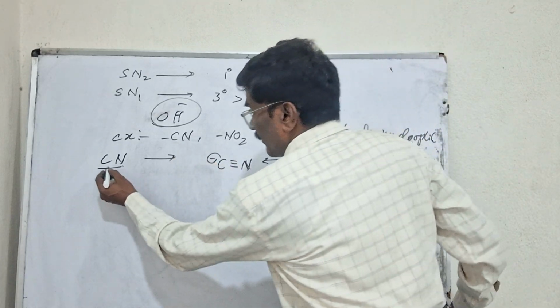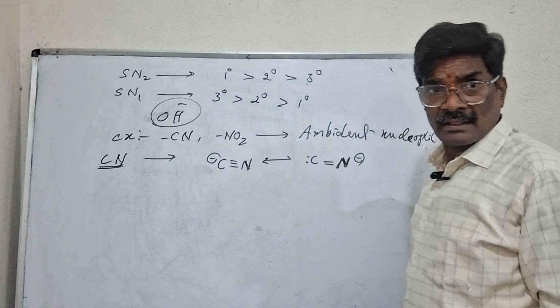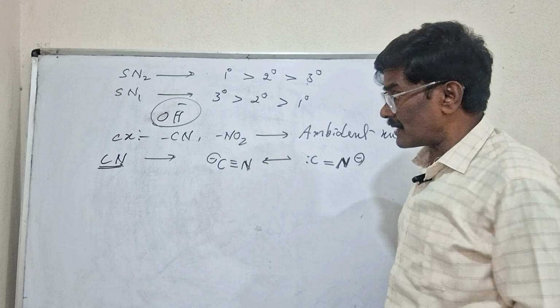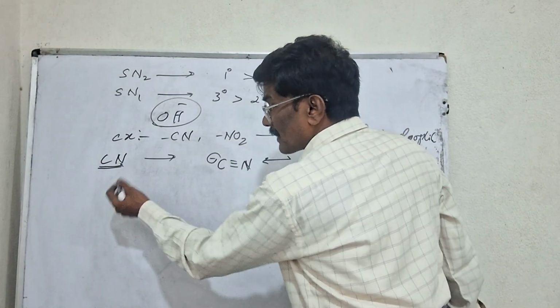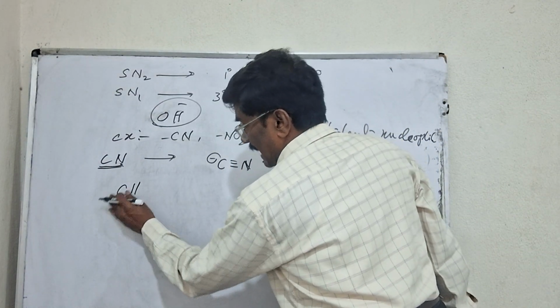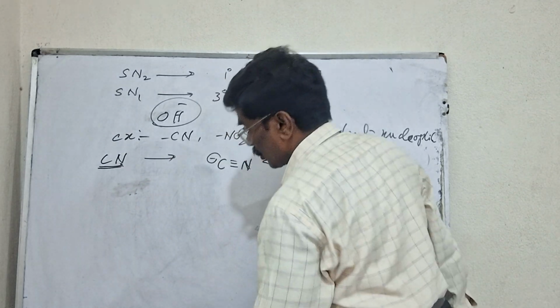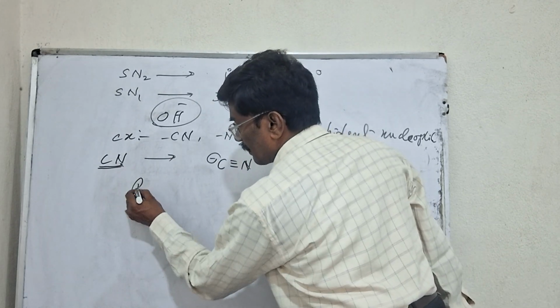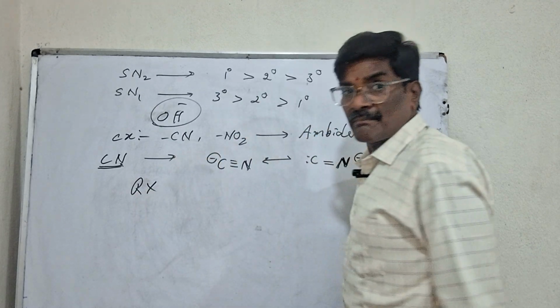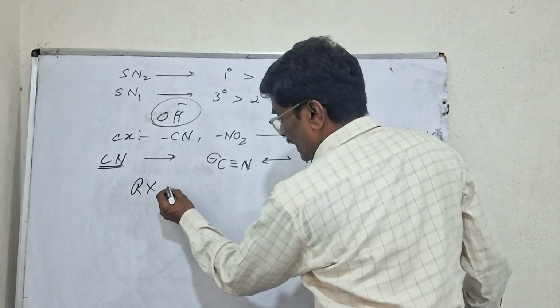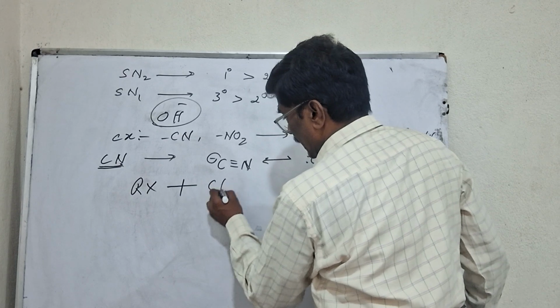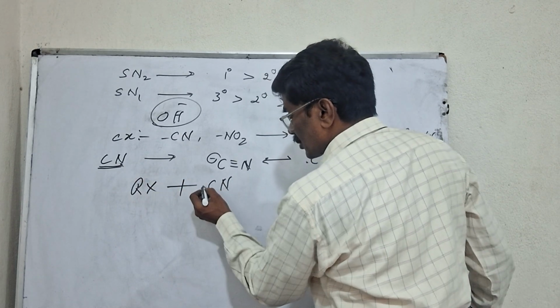For example, if this attacks in the nucleophilic substitution reaction, alkyl halides undergo this substitution. Alkyl group means R group, X is some halogen. So X is substituted by this. If carbon substitutes, what happens?